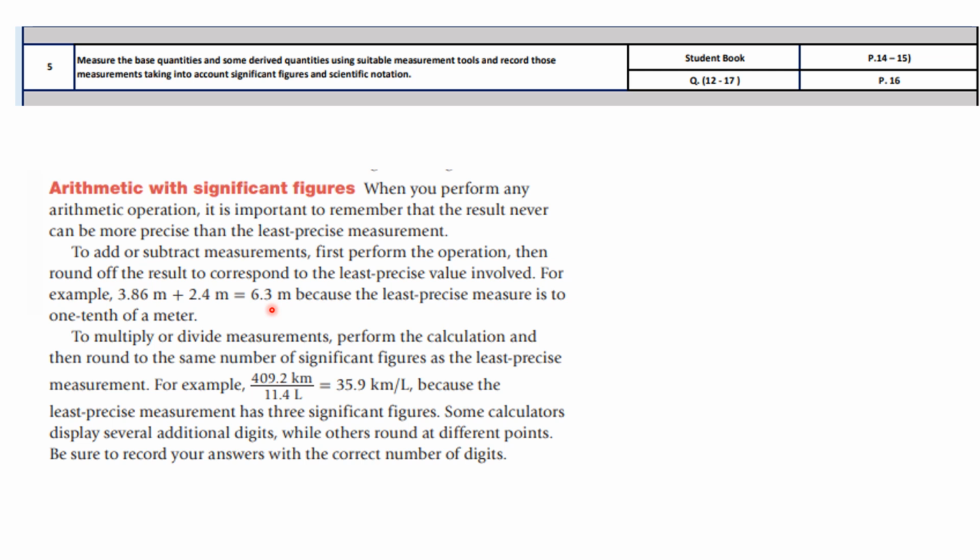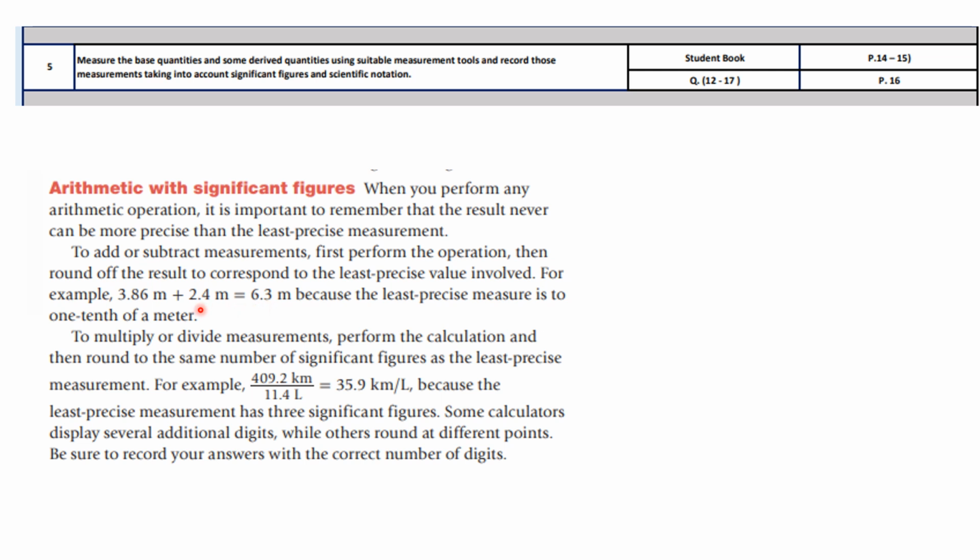So how do we know the answer? How do I know how many significant figures it has to contain? We go with the least precise measurement. This means that the answer has to contain only 1 digit after the decimal.